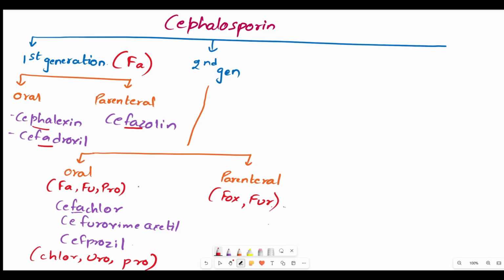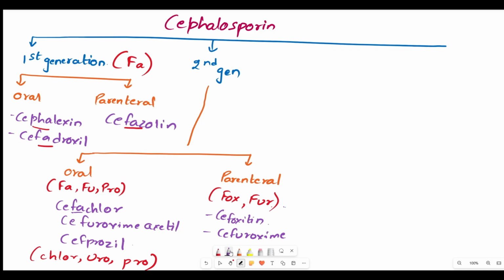So remember it as FA, FU, PRO or CHLOR, URO and PRO. Now coming back to the parenteral class. Fox, fur. One example is cefoxitin. And fur means it is cefuroxime. Cefoxitin and cefuroxime come under the parenteral class of the second generation.